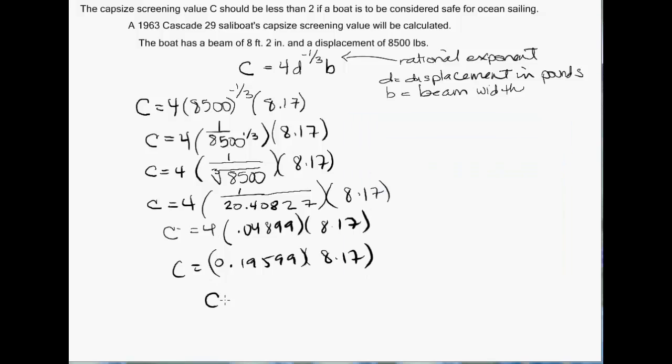So C is 1.60. Our capsize screening value for C is 1.6.